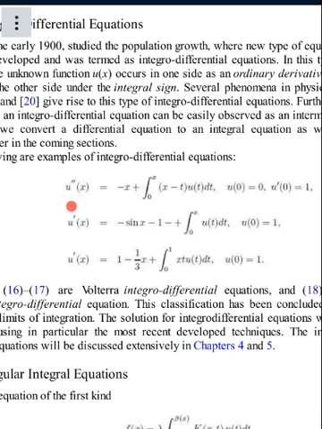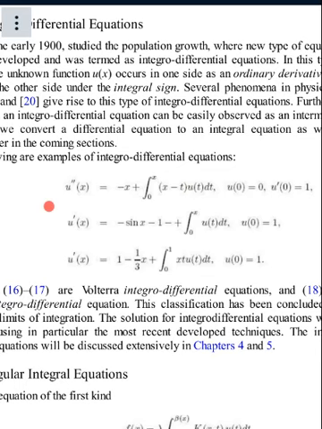In the first example, the differential part is given by the second derivative of the function u, and the integral part is given by this integral. So since we have the derivative and integral of the unknown function, we have an integral differential equation.